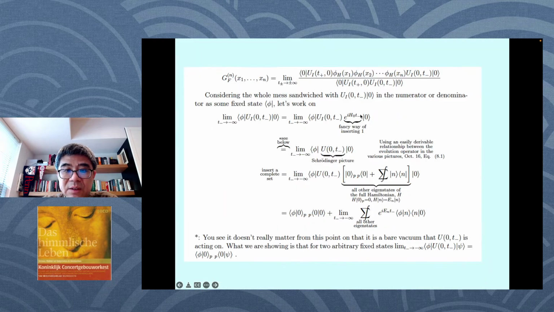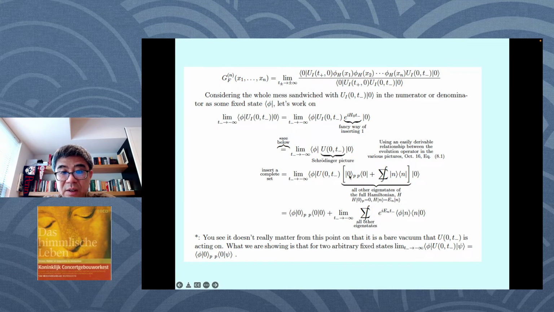But if I write it here, then this and this will give you the Schrodinger picture. And in the Schrodinger picture, I can insert a whole series of all eigenstates of the full Hamiltonian.